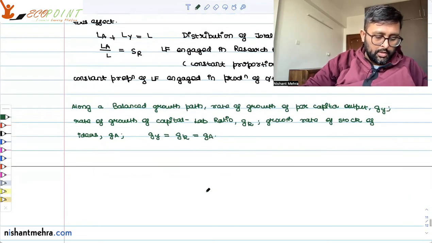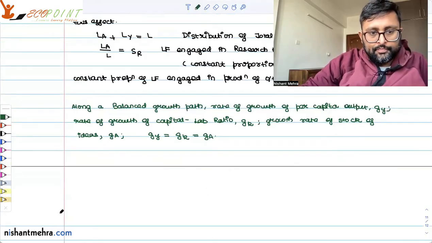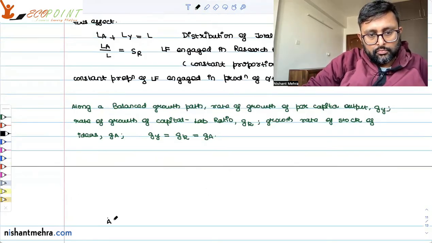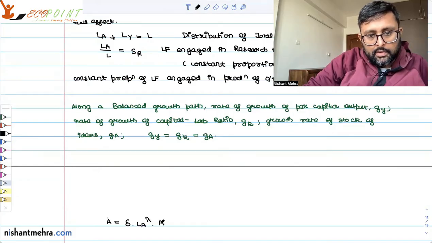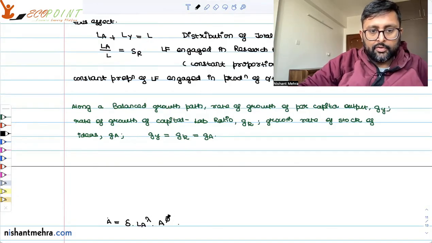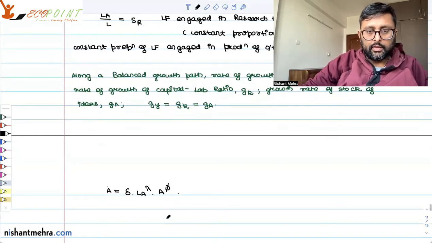Okay. We have written A dot as delta L_A to the power lambda A to the power phi, right?